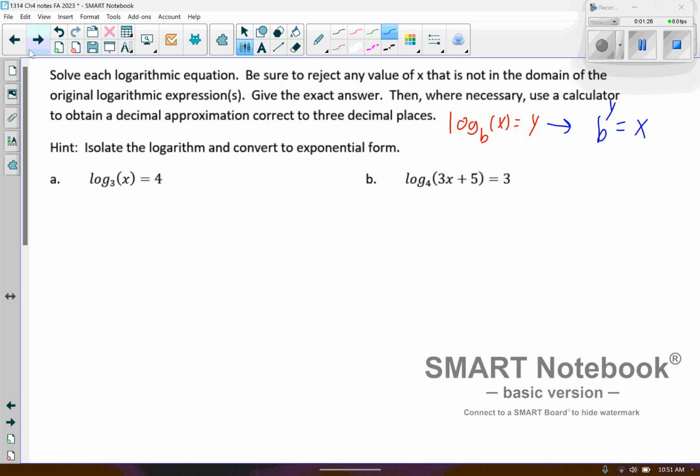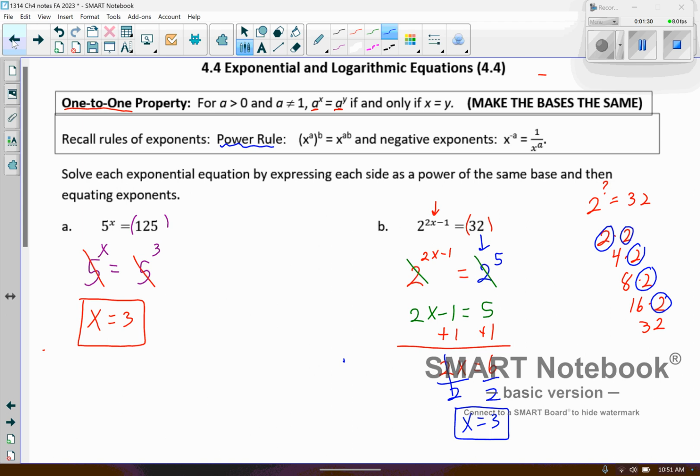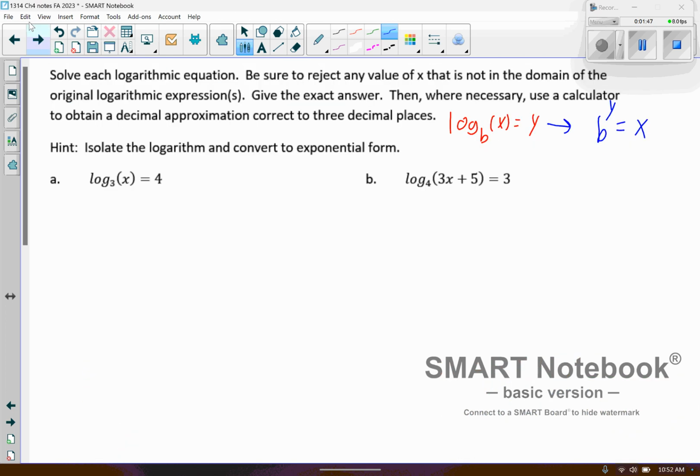I'm going to go back to that so we can review it. The one-to-one property is where if you have common bases, you can just set the exponents equal to each other. Well, you can actually go in reverse and insert bases if you want to, and that's what we're going to do here because it makes it a little bit easier.